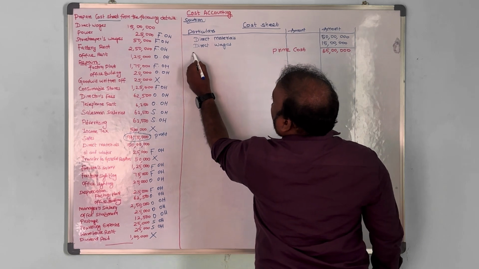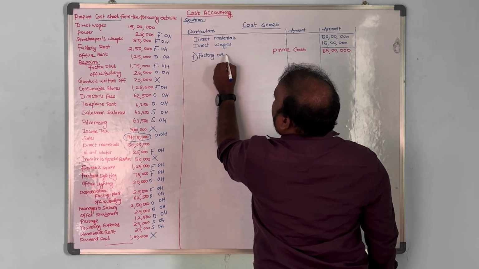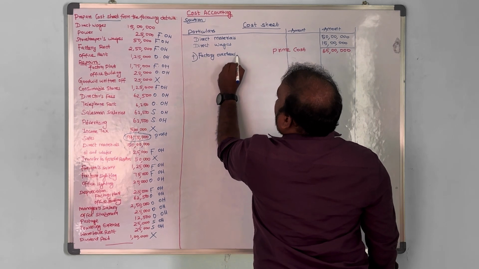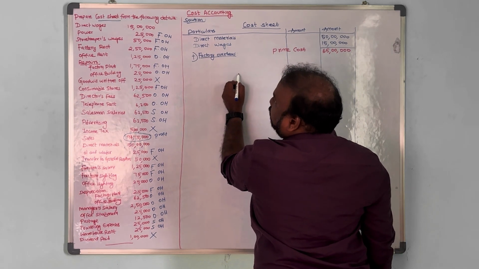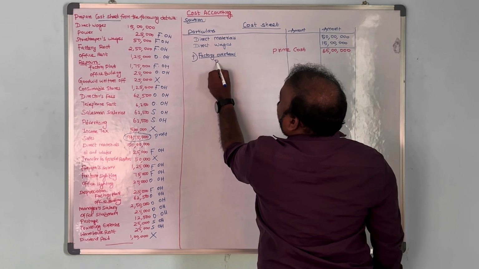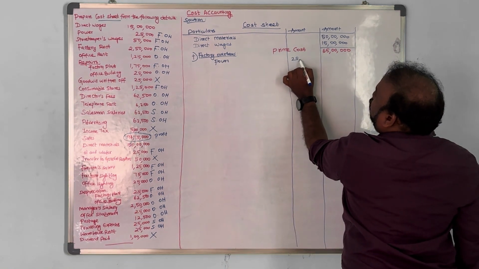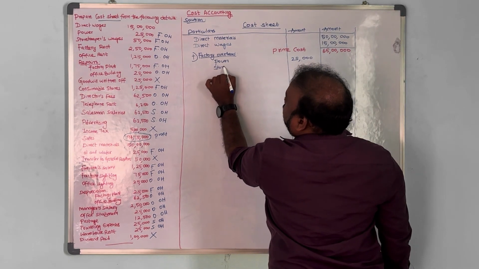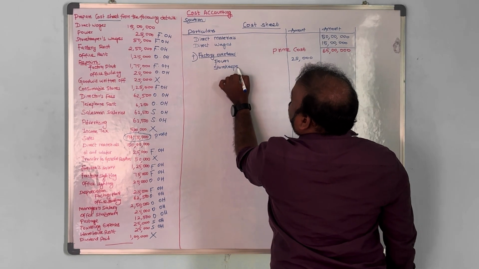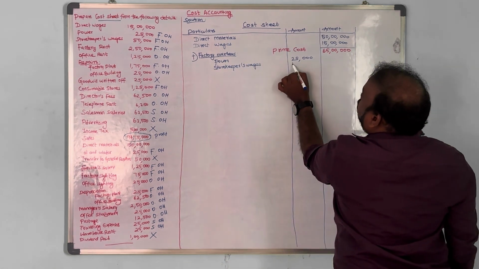From this add factory overhead. All the expenses related to the factory should come under this heading. Power 25,000, write the amount in the inner column. Then storekeeper's wages 50,000.